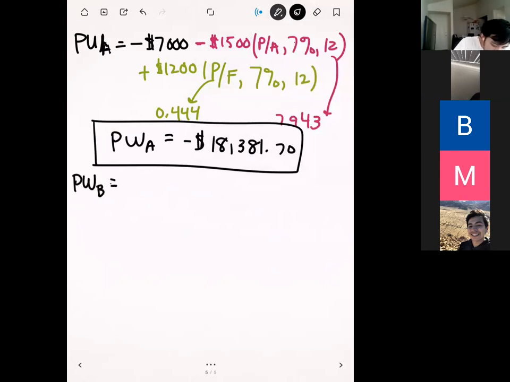And so let's compute the economic value for pump B. And so pump B, we have our initial cost, which is $5,000. Okay. And that's happening today. Okay. And then since we have to buy a replacement, we have to factor that into here. Okay. So we have to subtract another 5,000.